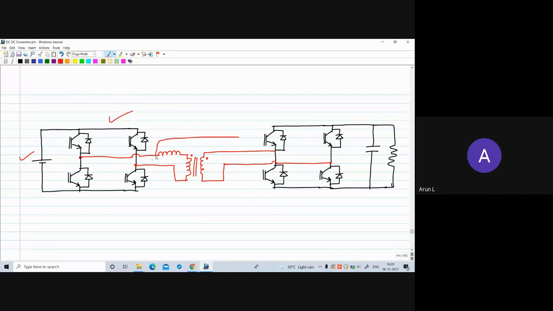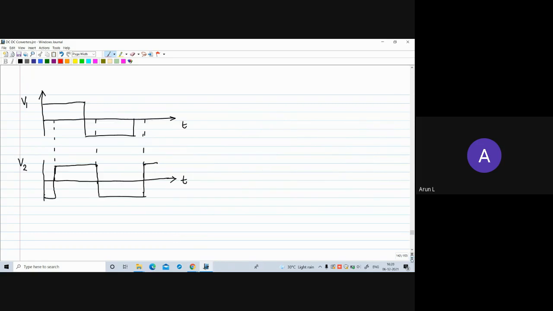This is your inductance transformer combination. Then from that output, AC to DC conversion, again using a full bridge. This arrangement is known as DAB, dual active bridge, and there are a lot of applications for dual active bridge, in wireless power transfer and electric vehicle charging.